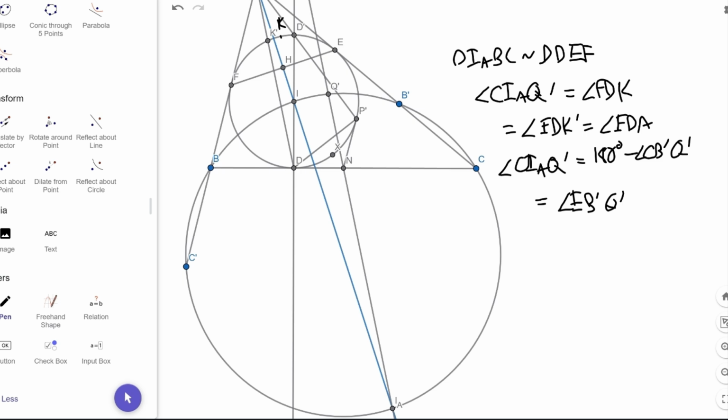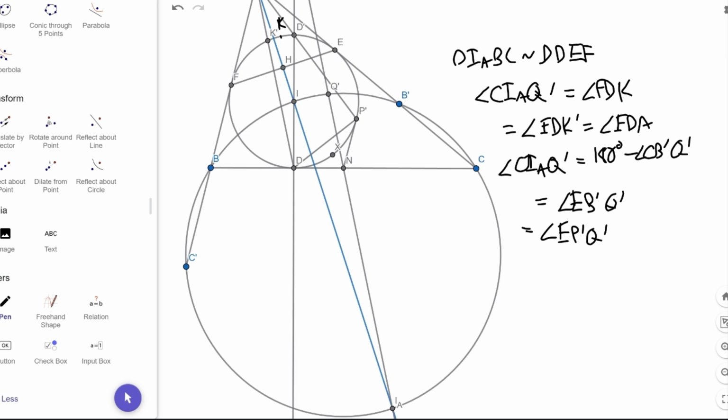But because we have our cyclic quadrilateral EB prime P prime Q prime, this is also equal to angle EP prime Q prime.